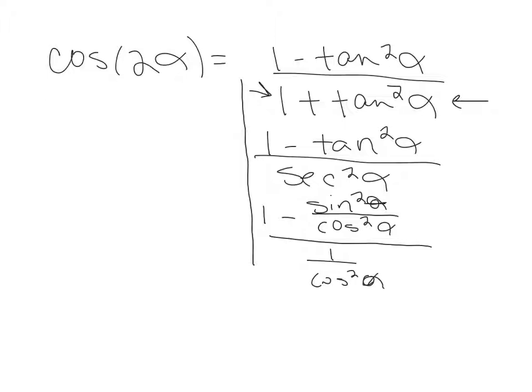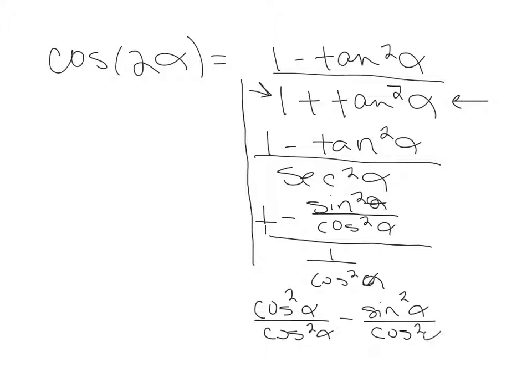So on the top, if you had a common denominator of cosine squared, since that doesn't have cosine squared underneath it, it would be cosine squared over cosine squared. And then the sine squared already has a cosine squared under it. And it is being divided by 1 over cosine squared.